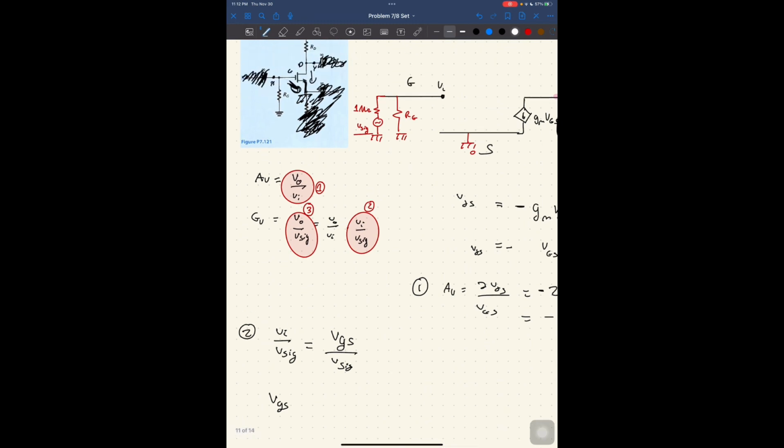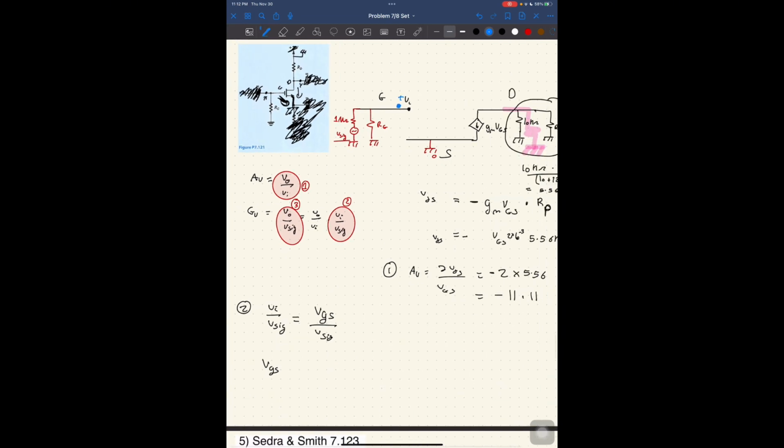So what is the voltage at this node? Suppose I can do nodal analysis here, would be a fair statement.